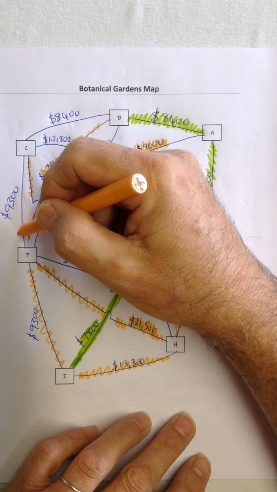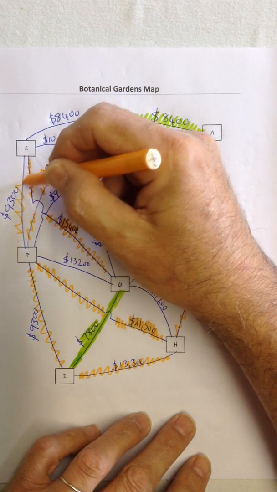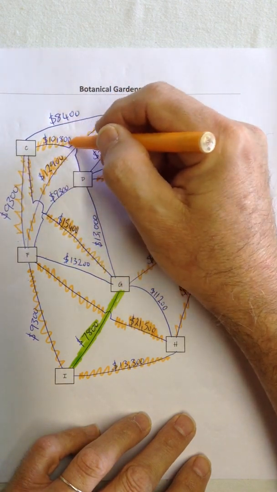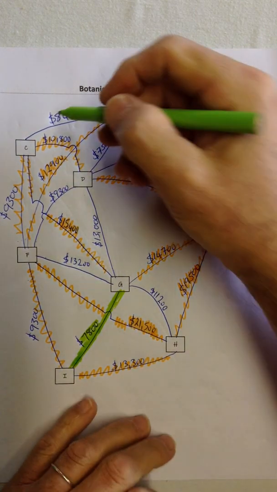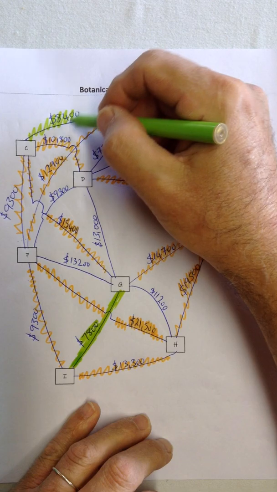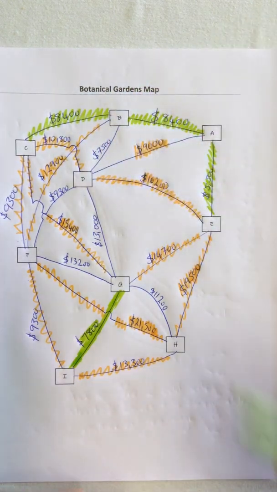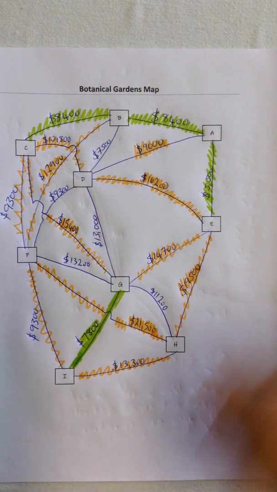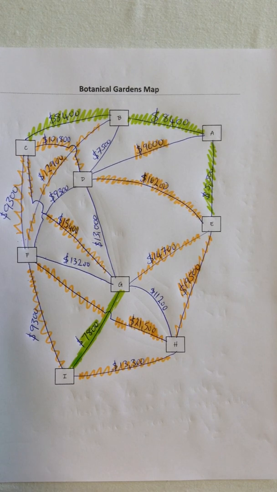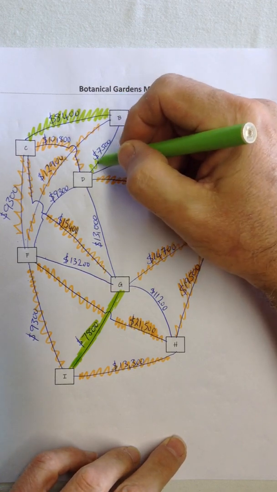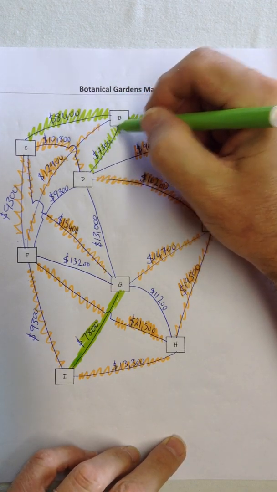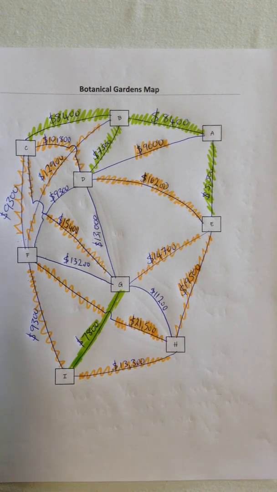So if I get rid of those expensive ones, and I still want C to be left getting water, I'm going to have to keep this one in. So I'm getting rid of the expensive ones, but I'm also remembering I need to send water around everywhere. Okay, so we've got this connection going on here. So I'm going to also keep this one in so the rest of the gardens can still get their water.